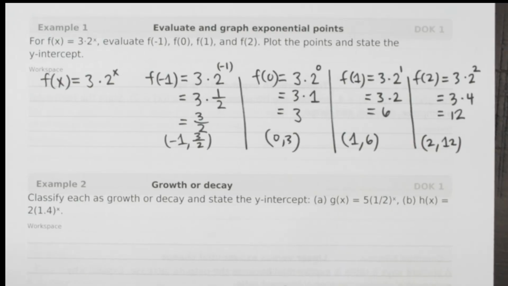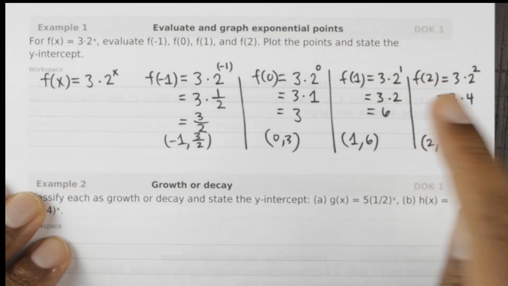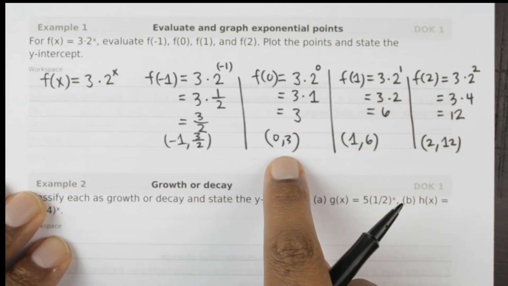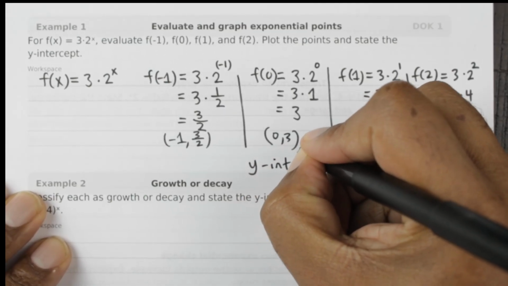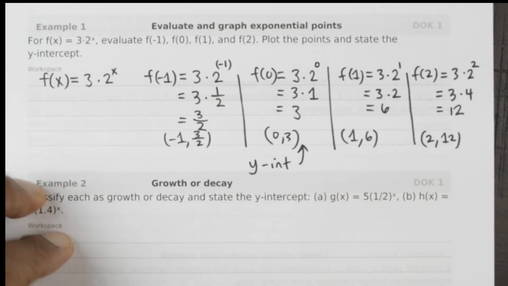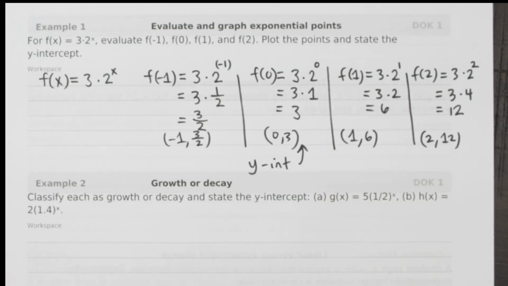And the y-intercept occurs when x is 0. So the y-intercept would be 3. So the graph increases quickly as the base 2 is greater than 1.